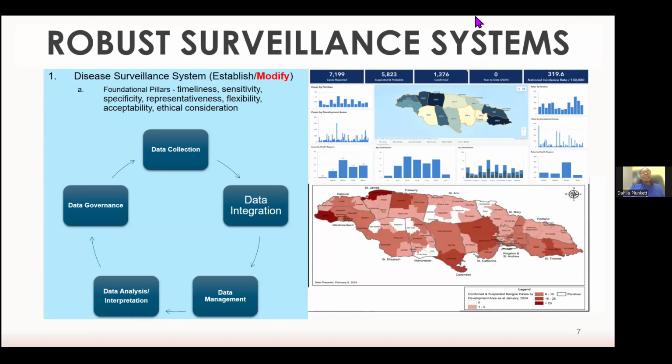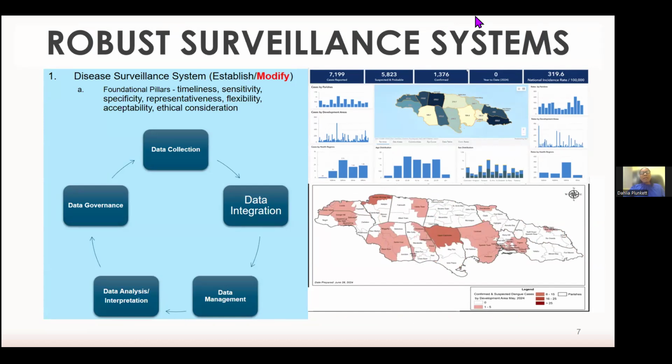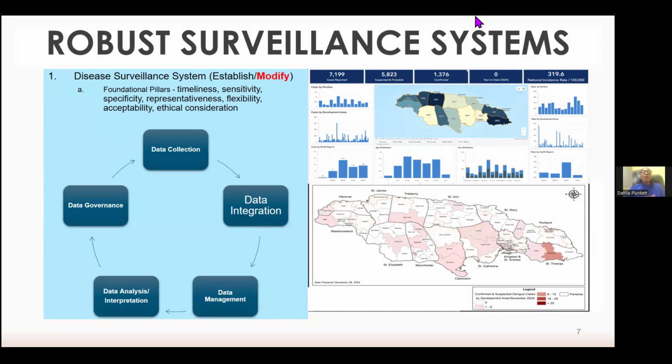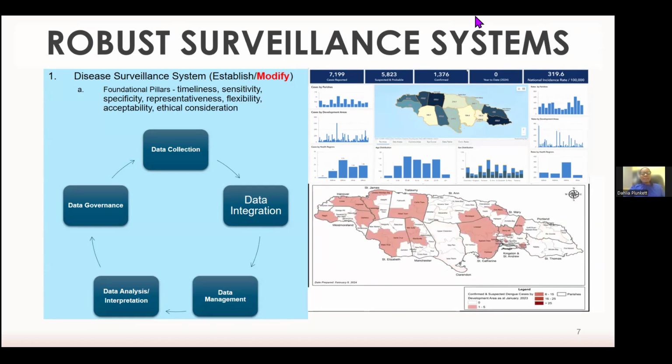But in the context of climate change and climate data, for most surveillance systems, when they were being established years or decades ago, climate was not at the forefront at that particular time. And so some of those systems would not have considered climate data.